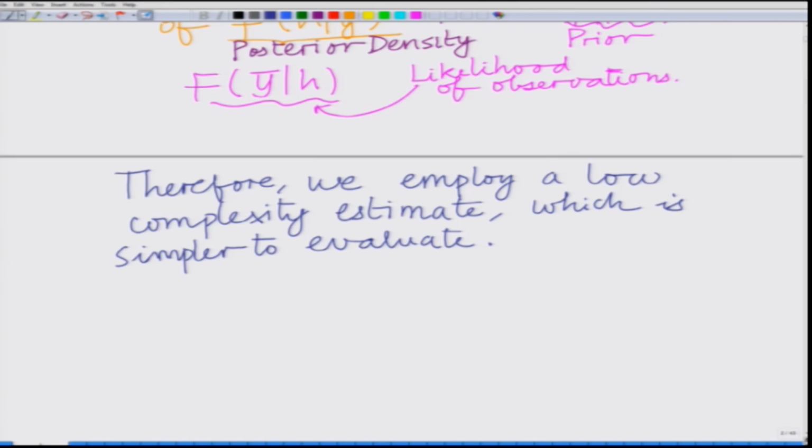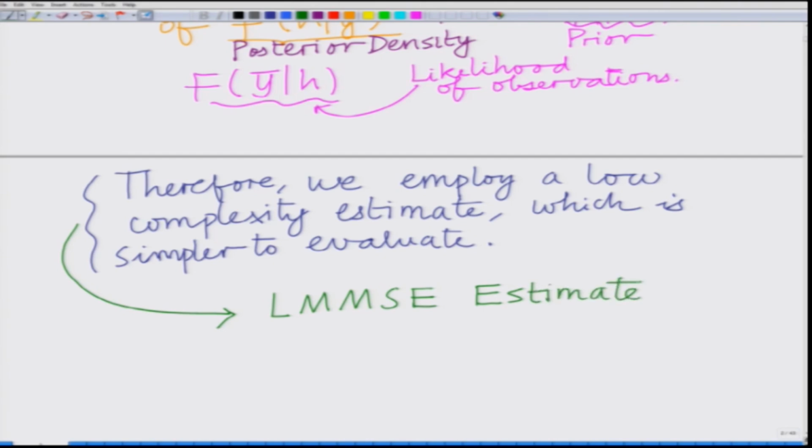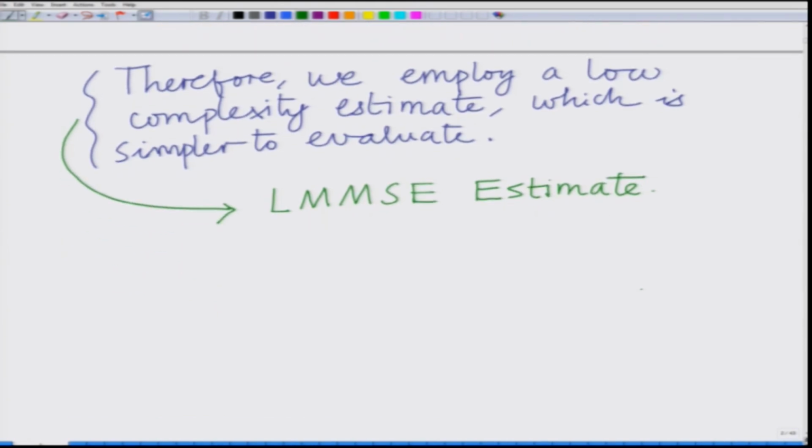Alright, we are accepting that slightly decreased estimation accuracy because we want an estimate which is simpler to evaluate, and this is precisely the motivation for the LMMSE or the linear minimum mean squared error estimator. Now, how do we come up with the LMMSE estimator? Let us consider a scenario.